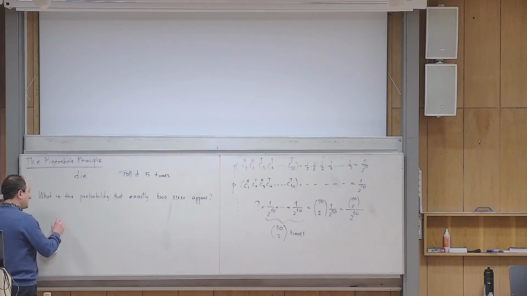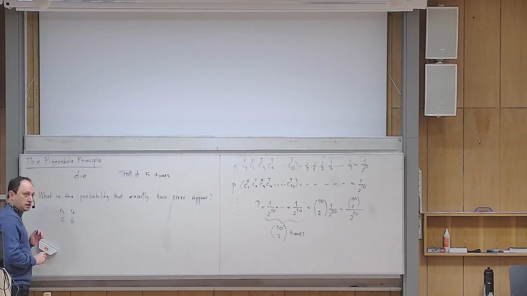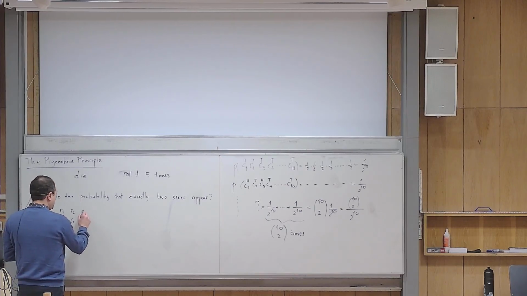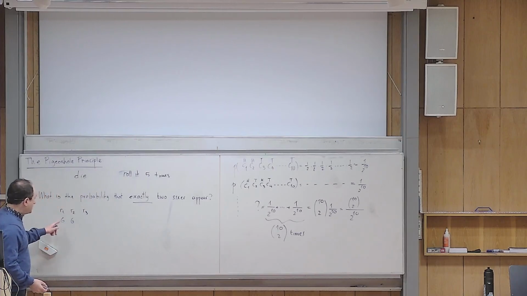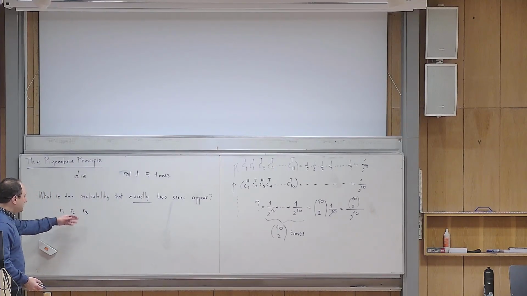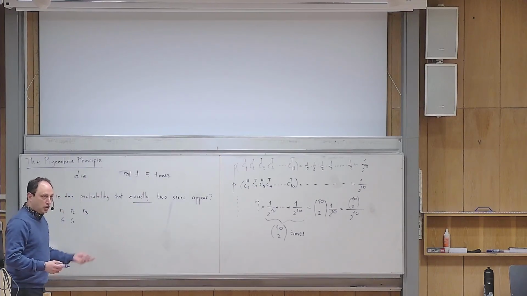One scenario is that roll number 1 gives me a 6, roll number 2 also gives me a 6. But what can I say for roll number 3? Because I say exactly two 6s, if the first and second are both 6s, then by the word exactly, the other ones are not 6.